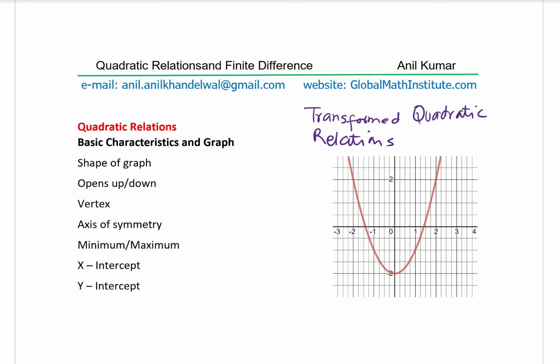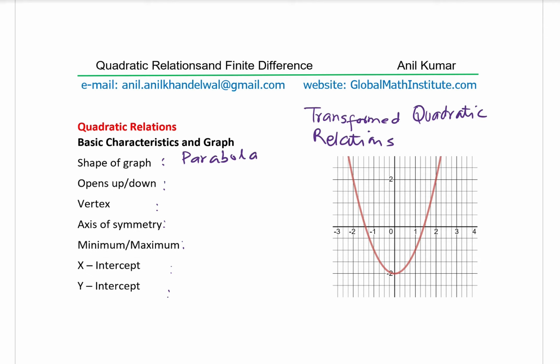We are going to learn about them in detail in the next video. Again, if you want to write down the details, many of them are similar. The shape of the graph will always be a parabola.